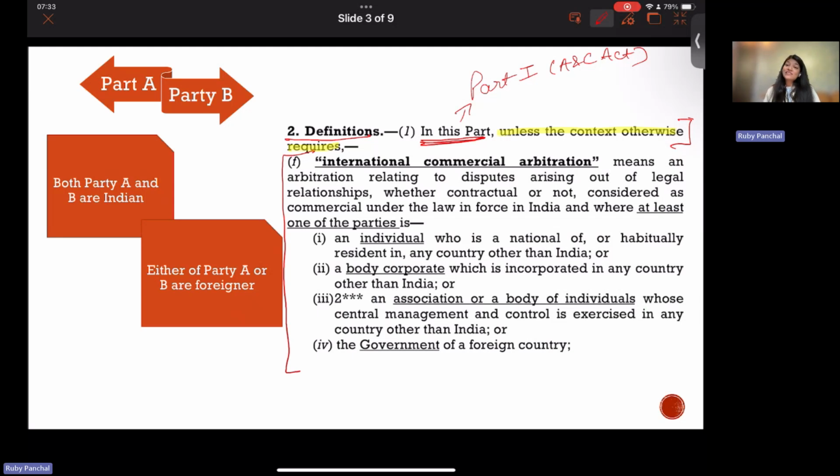As soon as the context changes, the definition and the meaning might also change, right? Now, what it will change to is up to the courts to figure out by looking at the legislative intent, the case, etc.